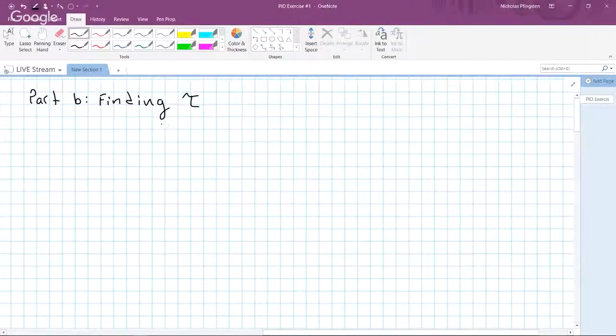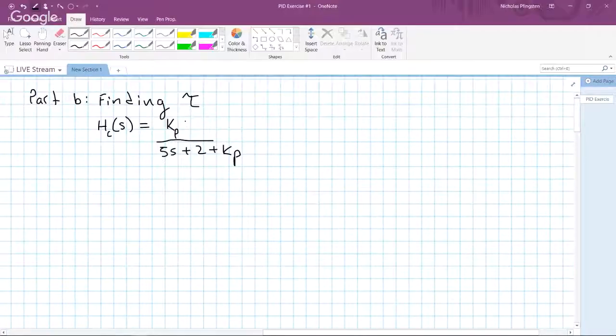So we're finding tau, and we know that the transfer function for the command error situation, that is, where we're ignoring the input disturbance, is this: Kp all over 5s plus 2 plus Kp.